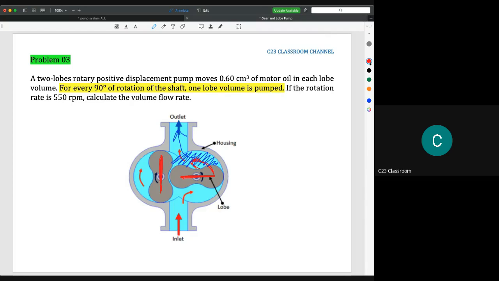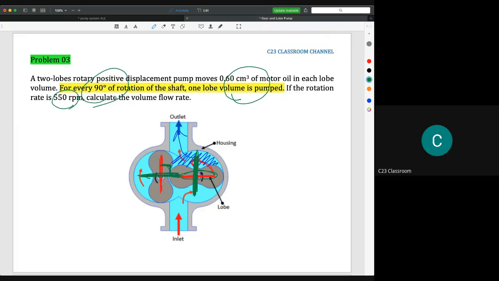When this lobe is vertical, the other lobe will be horizontal, so the rhythm of the lobes is 90 degrees. That's why it says that in every 90 degrees of rotation, one lobe volume is pumped. And then the RPM is 550 RPM.